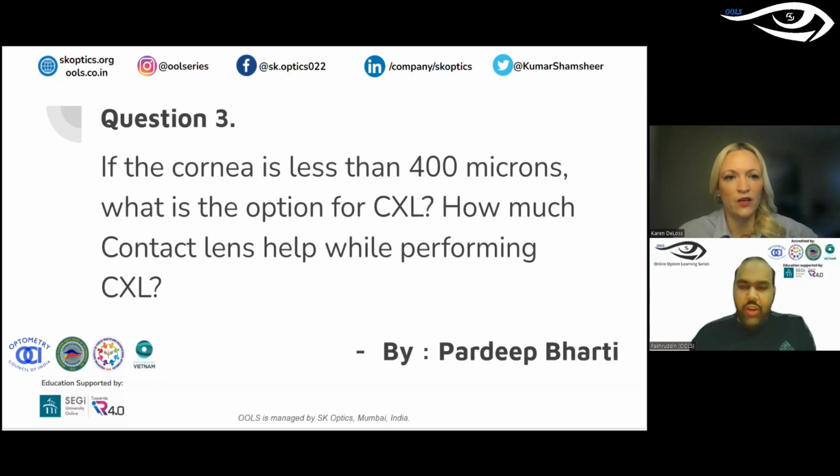The following question is, how much would contact lenses help while performing cross-linking? So post cross-linking, would contact lenses be useful? Is there something different? This is a really, really good question. And we don't know exactly because some of the patients are coming in midway, so they've already been fit in a lens, and then you send them for cross-linking, and then they come back to you.